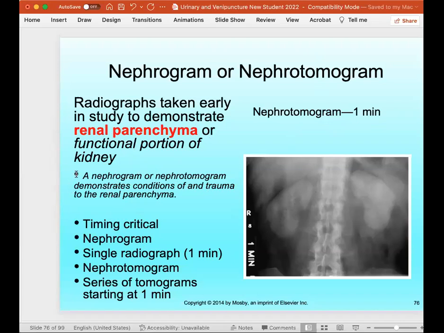A nephrotomogram or nephrogram demonstrates conditions of and trauma to the renal parenchyma. This is exactly what we're trying to see. So timing is critical. We do it at 1 minute.